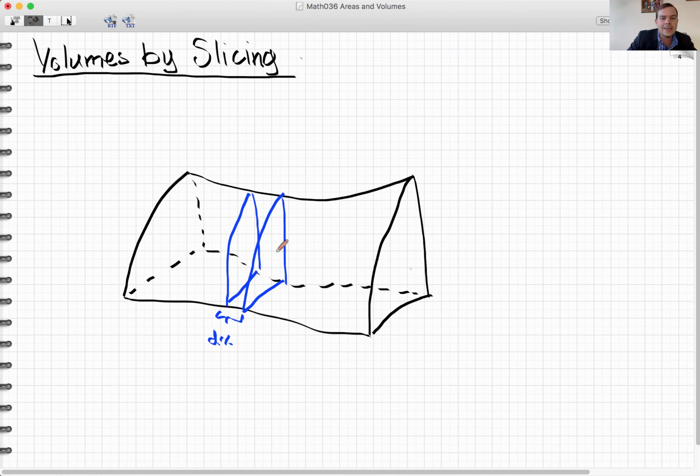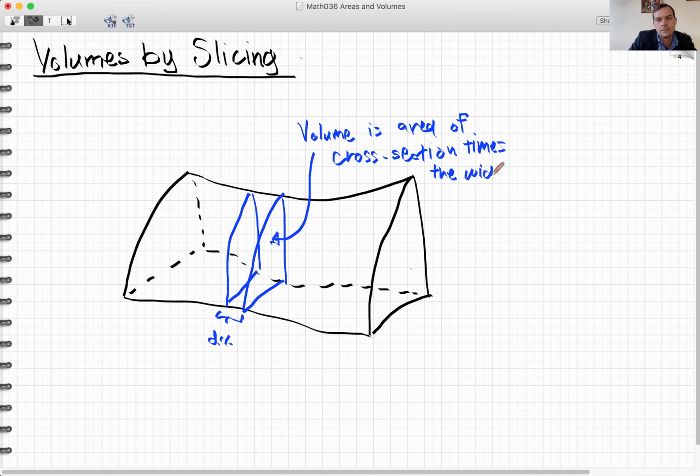Now, if the slice is really thin, then roughly the volume of the slice of bread, or a slice of the region, is the area of the cross section times the width, dx.